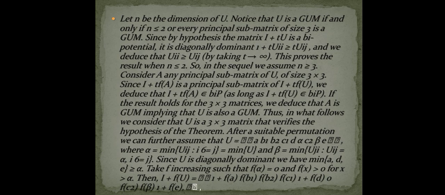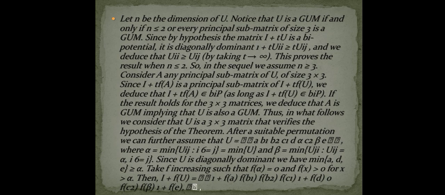Since by hypothesis the matrix I plus T f of U is a bipotential, it is diagonally dominant, and we deduce that U ii is greater than or equal to U ij by taking t to infinity. This proves the result where n is less than or equal to 2. So, in the sequel, we assume n is greater than or equal to 3.